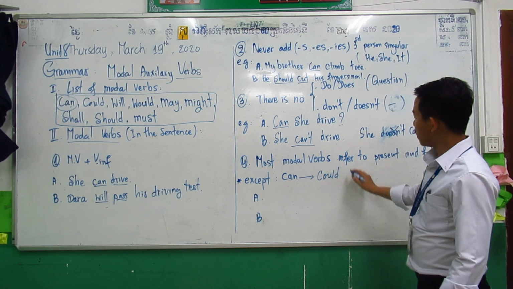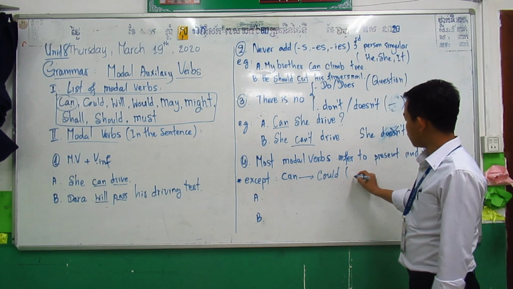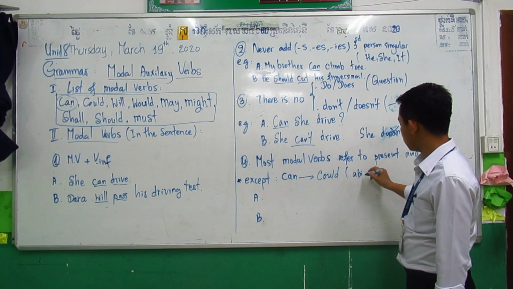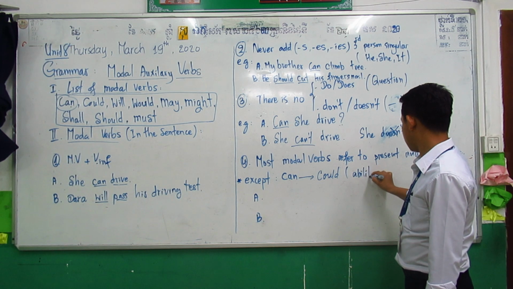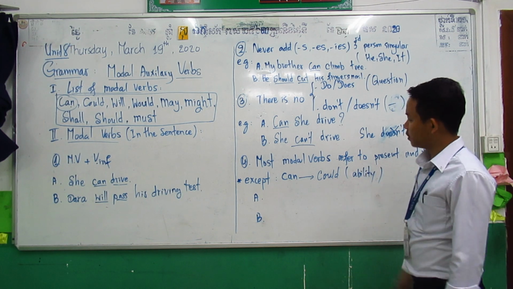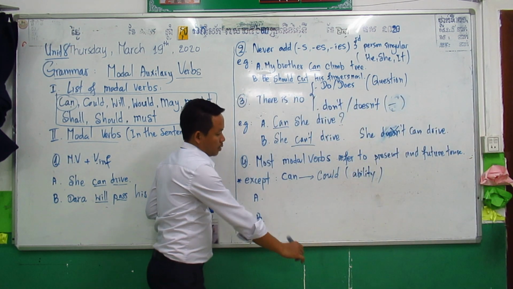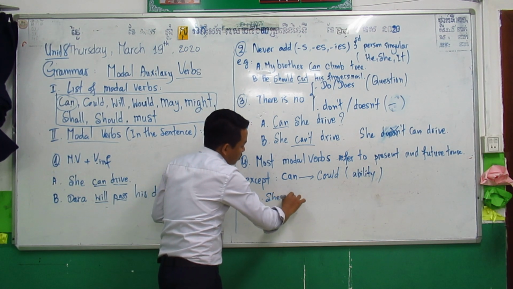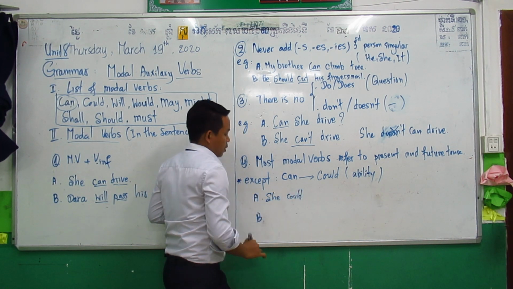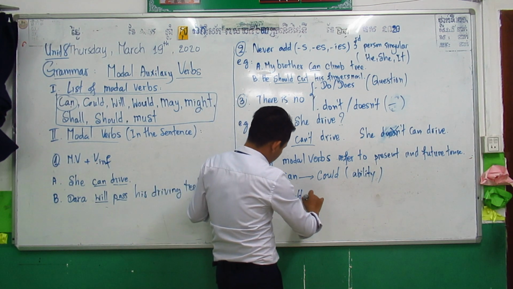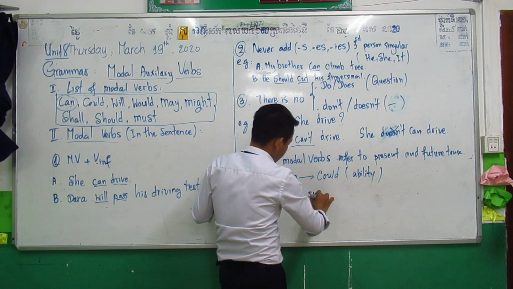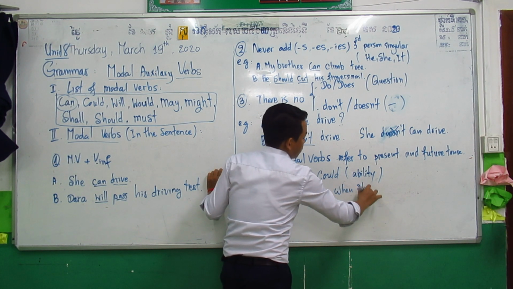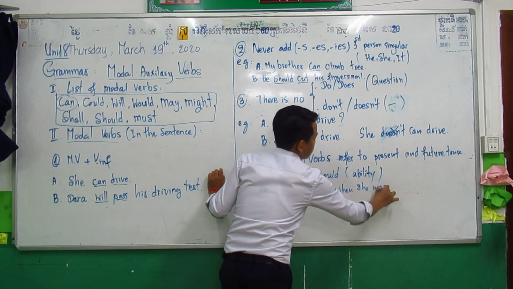Right? Can and could are used to talk about ability, what you can do, to show your ability. For example, she could swim when she was 3.